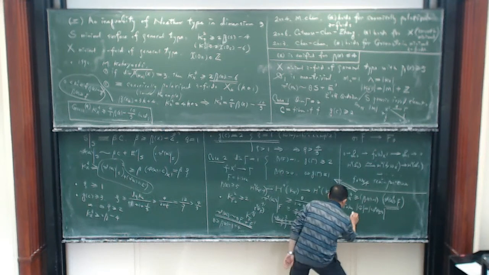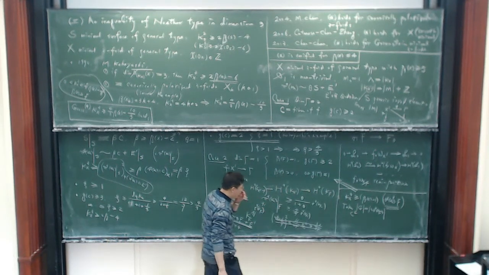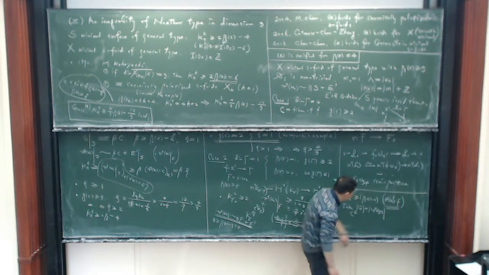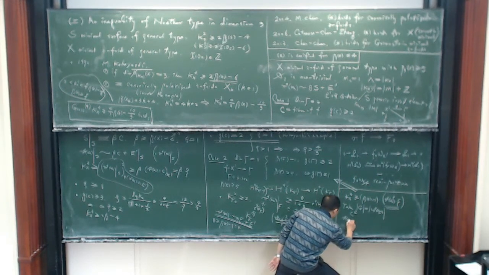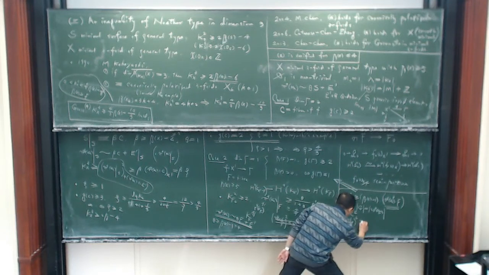So I take a general member C in this, and what I want to do is to estimate pi up star kx over f square.